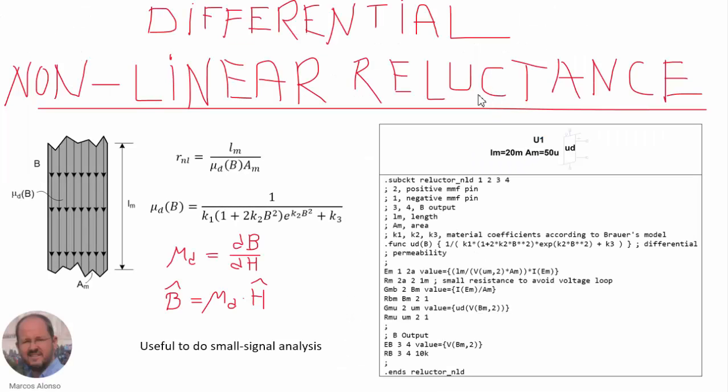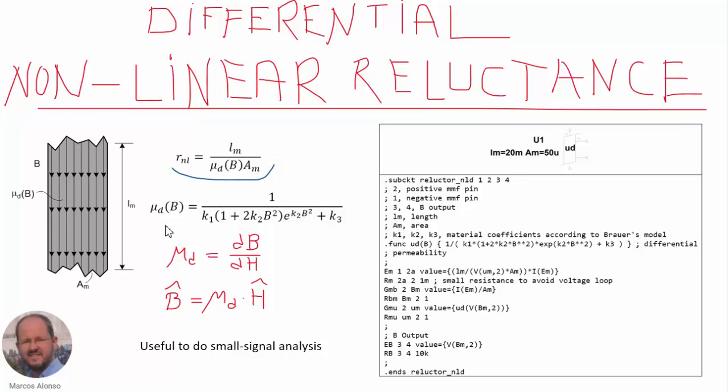Another element that can be useful is the differential nonlinear reluctance. The differential nonlinear reluctance is a small signal reluctance of a given material, in which the reluctance is modeled with these expressions: the length divided by the differential permeability, which is a function of the magnetic flux density, and divided also by the cross-sectional area of the material.